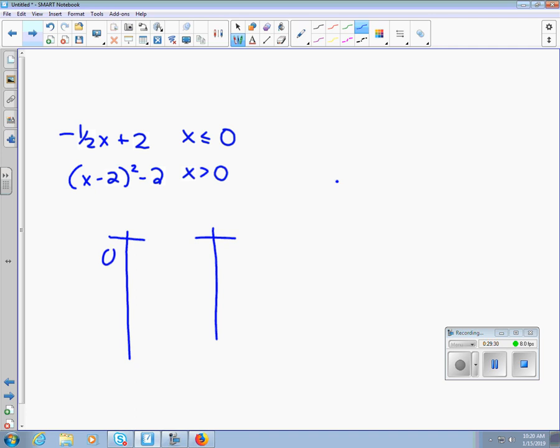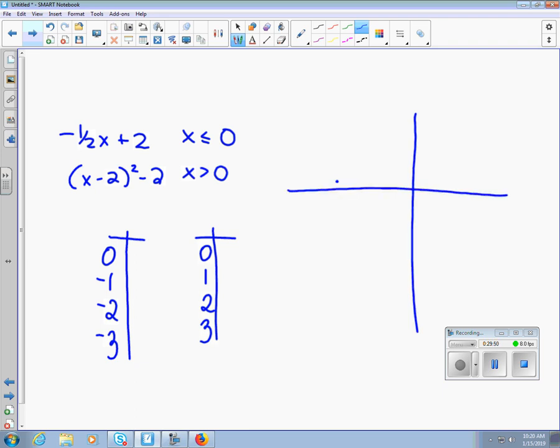So you would pick 0, -1, -2, -3, just enough to get a general gist of what that function's doing. This one, even though it doesn't equal 0, you need it, okay? Because it's still a critical point. So I want 0 and numbers higher than 0.